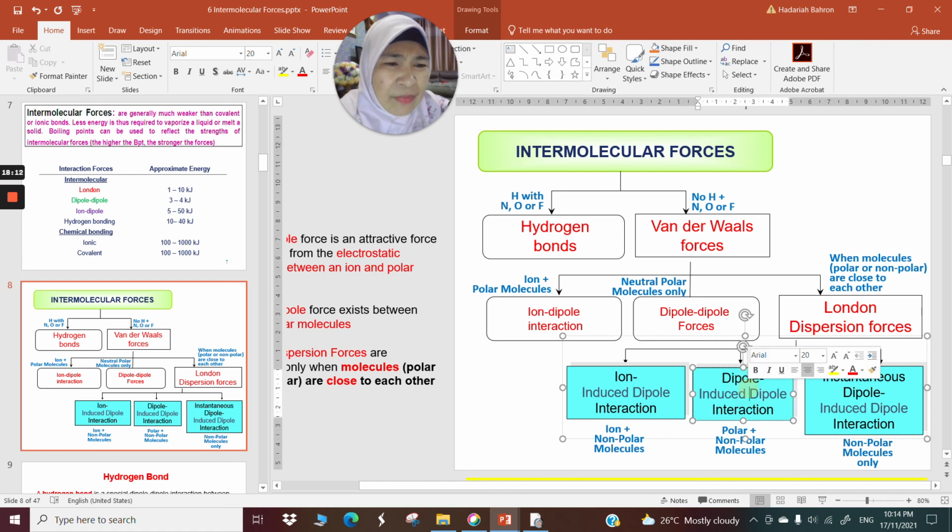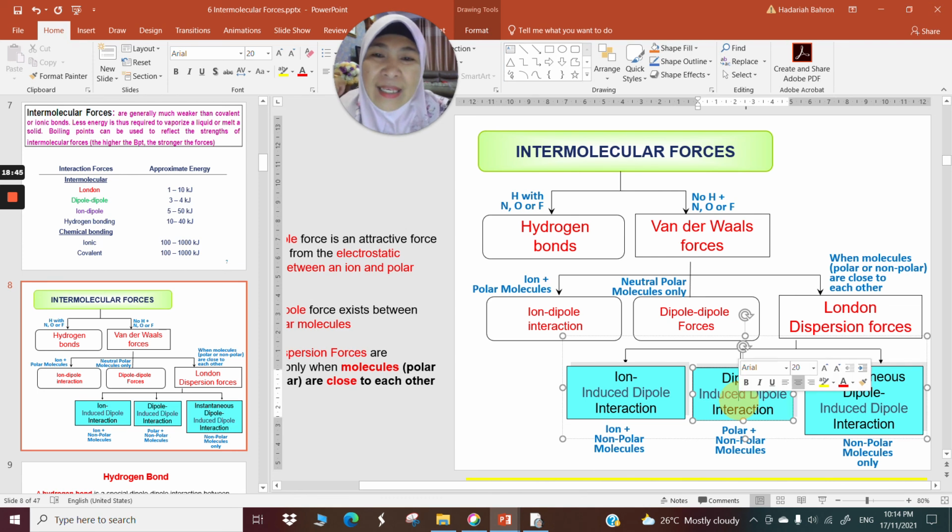Now, the second type of London force is dipole-induced dipole. When you talk about dipole, it is always a polar molecule, like water or ammonia. Ammonia is a polar molecule. When you have a polar molecule sitting next to a non-polar molecule, that polarity will create an induced dipole, just like the instantaneous dipole I was talking about before.